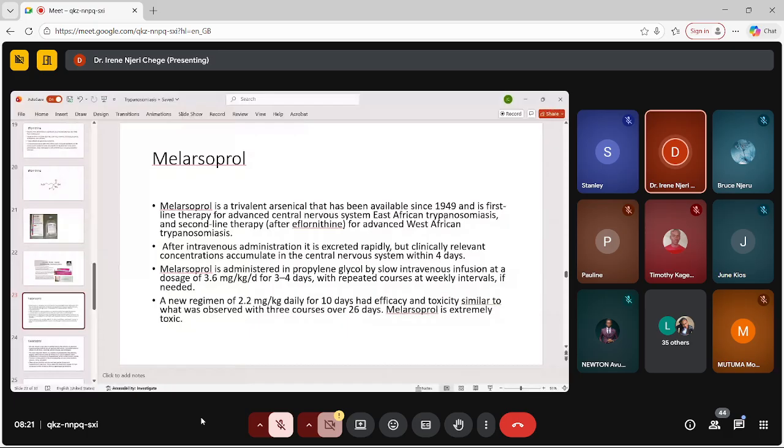This is how it's thought to have a lethal effect on the parasite.